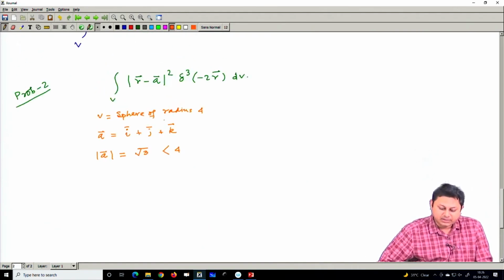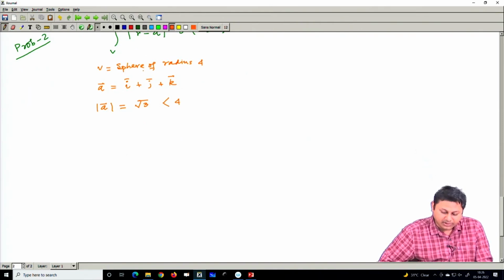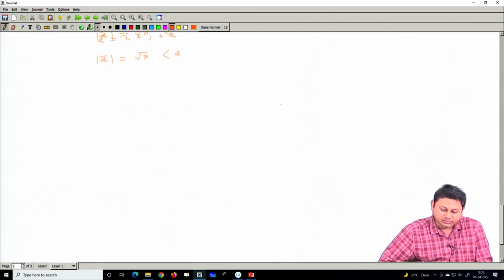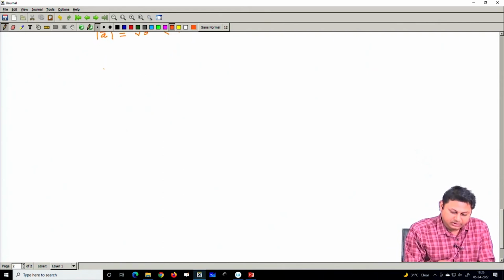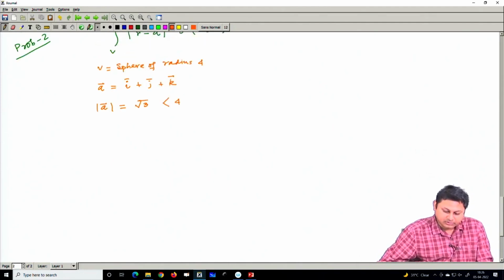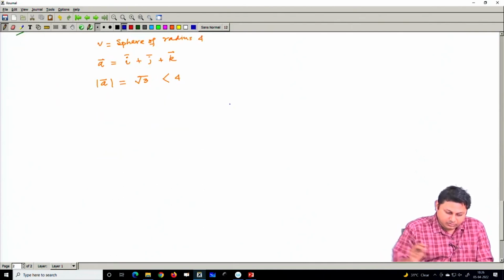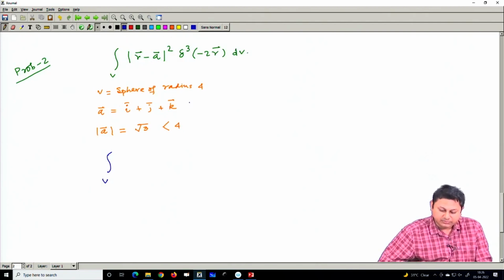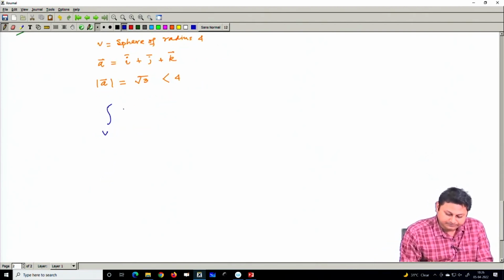So, that means whatever integral we want to calculate, a sits inside it. So, if I calculate this integration, we have this volume, which is the sphere of radius 4, and this quantity r minus a, squared.